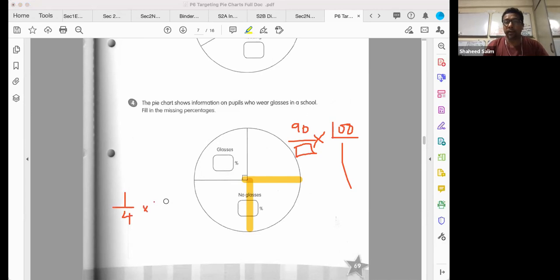What will you get? Okay, Rahana, well done. 25%. You see, I do know it's 1/4. Then just take 90 degrees, 90 over 360. Will you get the same answer? Yes, 90 over 360, you get 1/4 also. Times 25, this one 75. See how to get 75? 100 minus 25 gets 75.